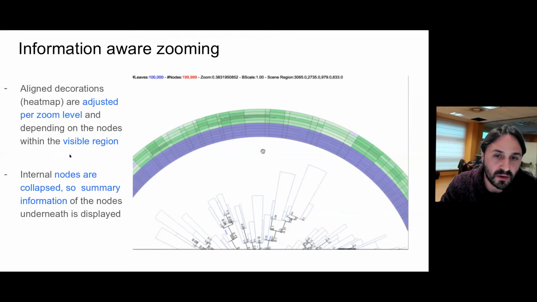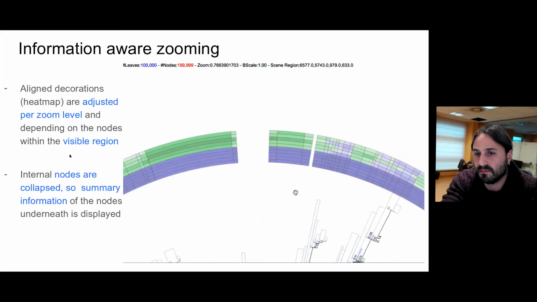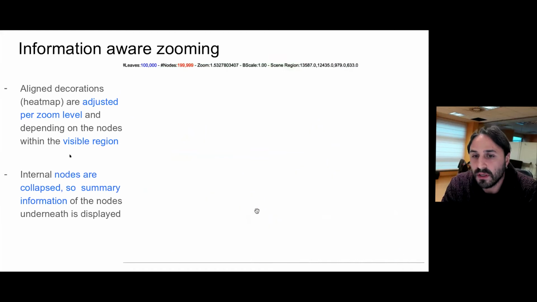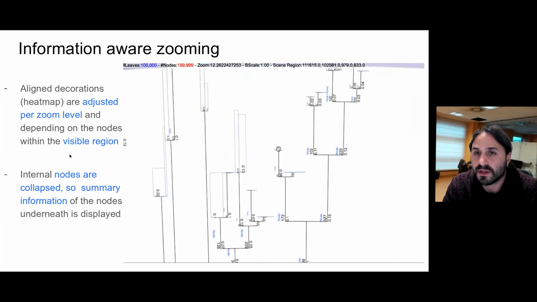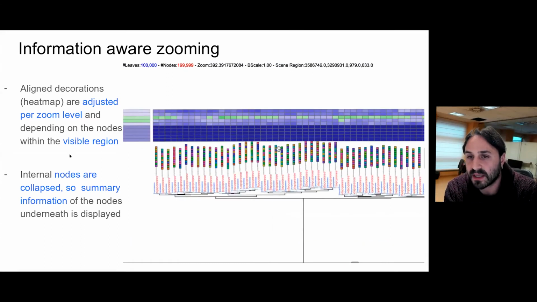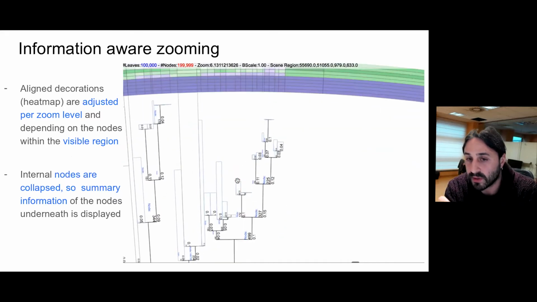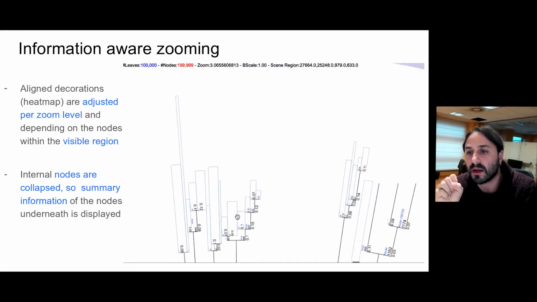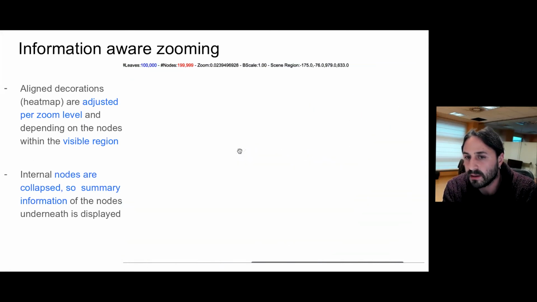This is another example of how it looks. Here the annotations are this heat map that you see in the outer circle. When you are zooming in, you will see the outer circle, the heat map is being adapted, so you can see the values associated to individual items. But when you are zooming out, what you see is the summary of all the items that are grouped by the different nodes.